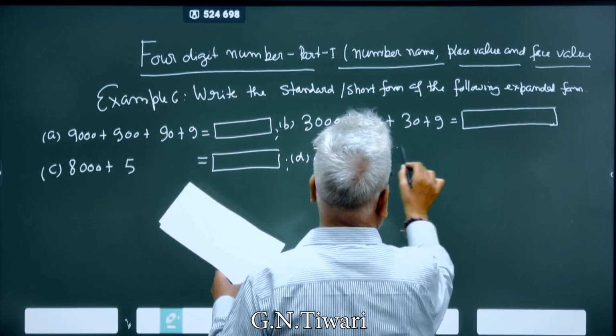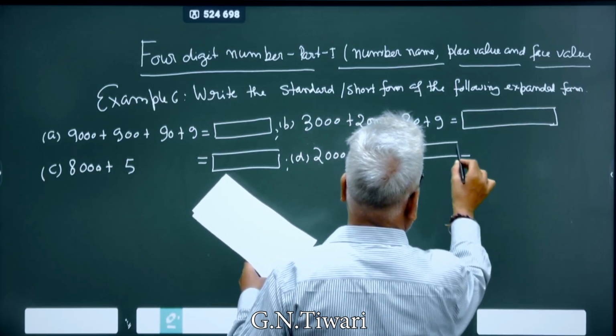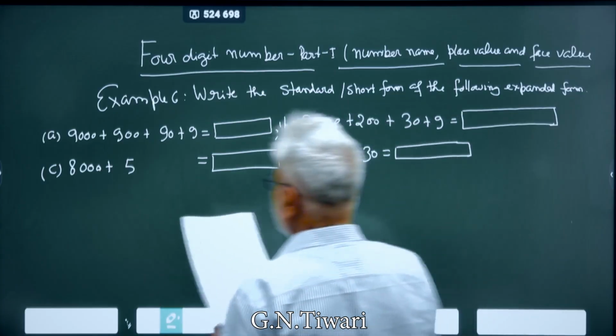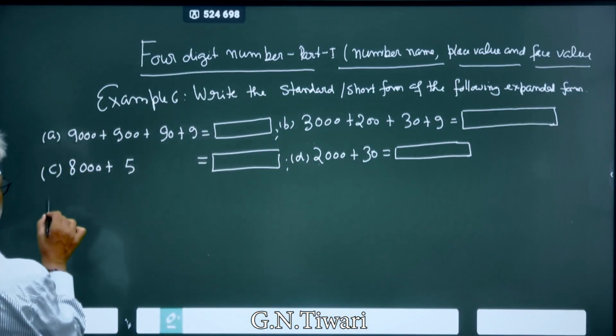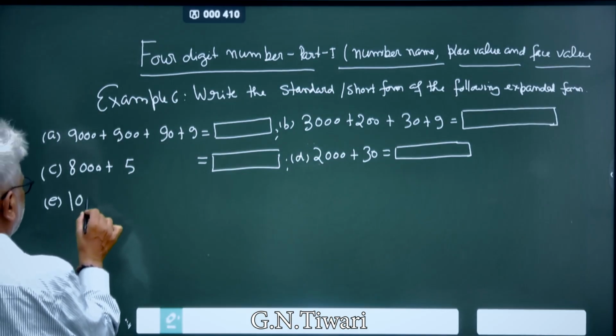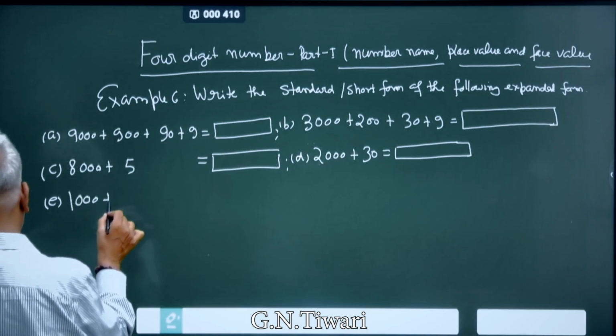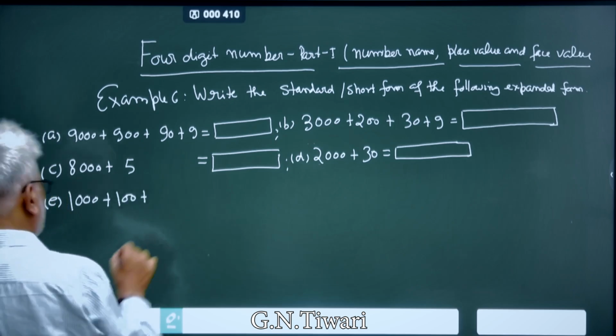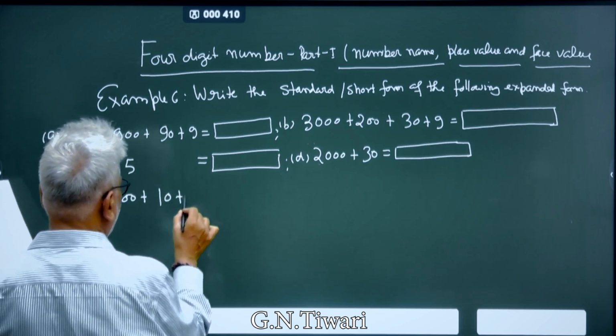You have to give in this expanded form. Then E. What is this? 1,000 plus 100 plus 10 plus 0.